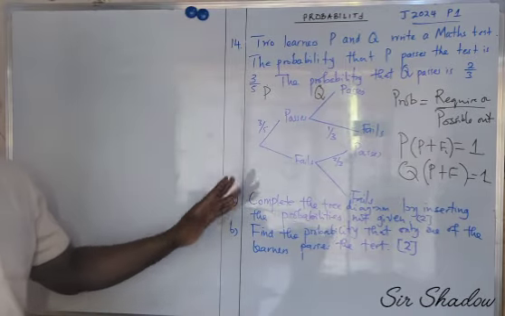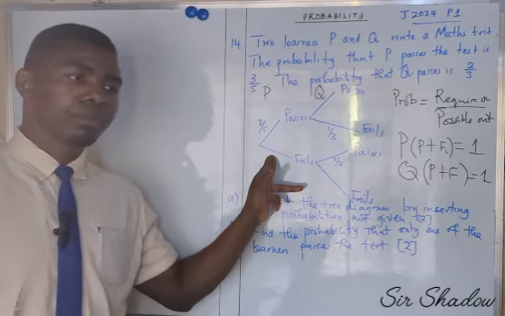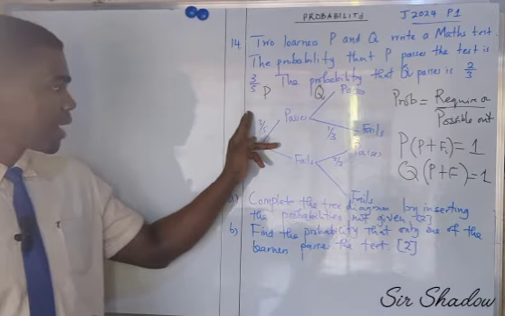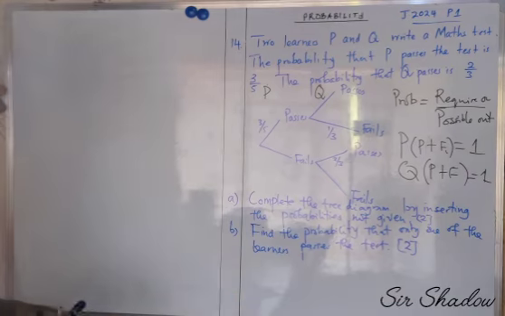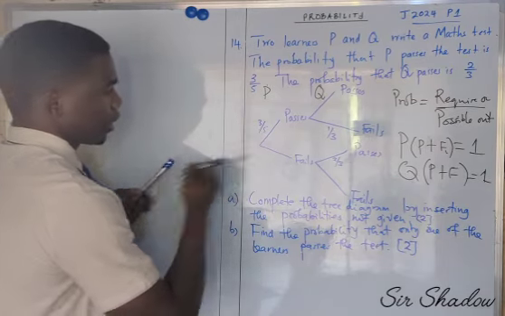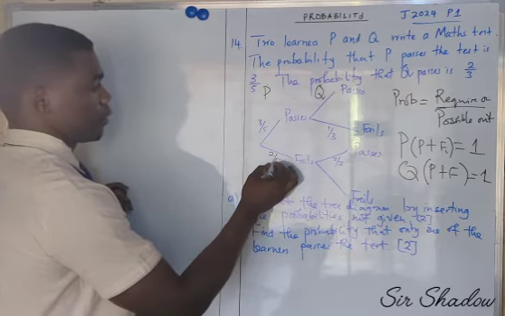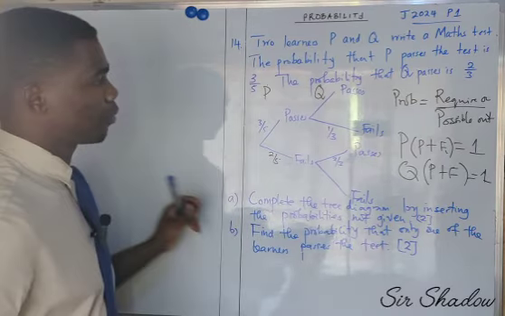So if we sum 3/5 plus this unknown value, passing plus failing, we must get 1 whole. In other words, 1 whole minus 3/5 gives 2/5, so that if you sum this, we get 1 whole.